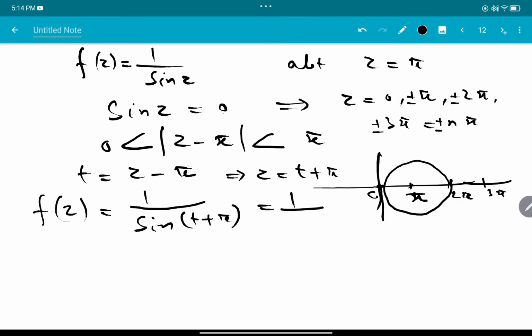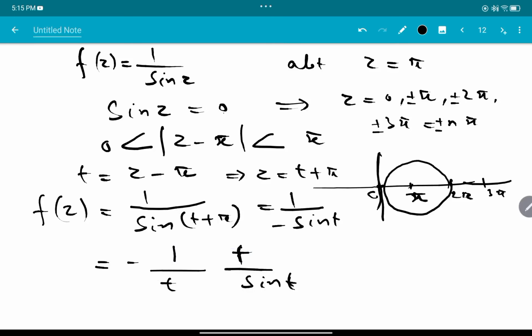That changes to minus sine t. I will do one more thing: I will multiply and divide by t, and write 1 by t into t by sine t.